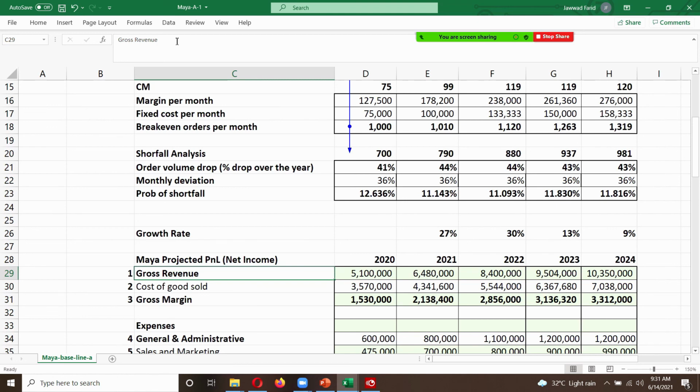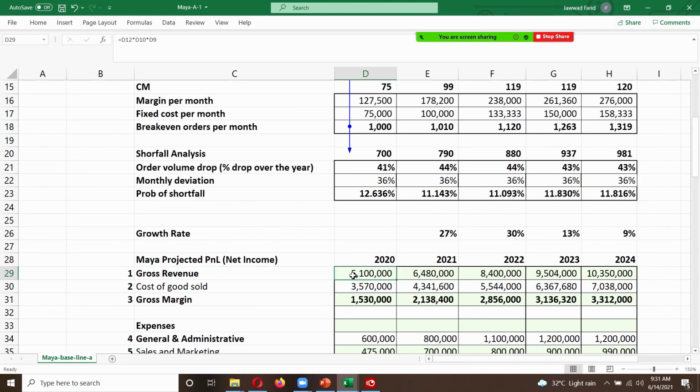The objective is, what are the dollars that are coming in under what heads, and what are the dollars that are going out, and what is left. That's the objective, right? So in Maya's case, we build a very simple statement of net income, or very simple projected P&L. In this projected P&L, where does gross revenue come from?